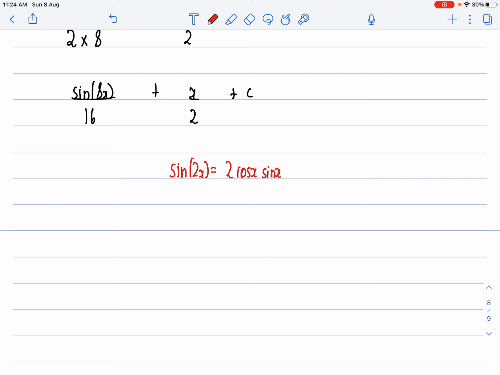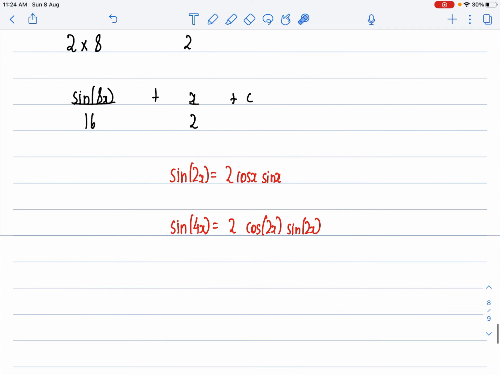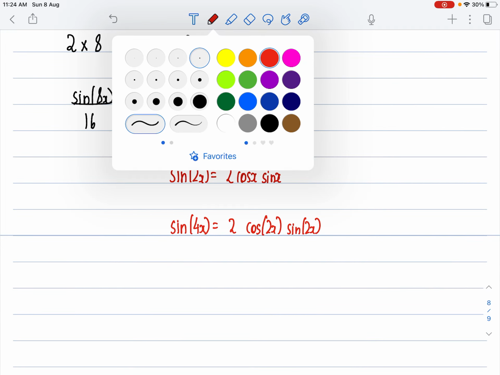So this can also be written as, if I ask you something like sine 4x, this will be equal to 2 cos 2x and sine 2x, correct? Because here the coefficient of x was 1 and this was 2x. So basically when this becomes 4x, this doubles. So even the x doubles to 2x. Correct? So these are the important conversions which you need to know.